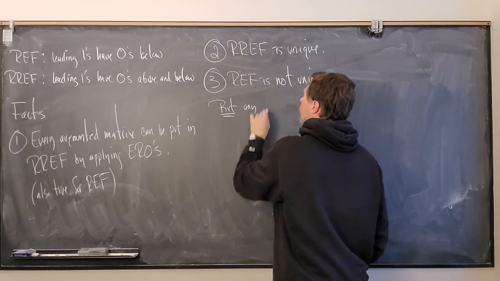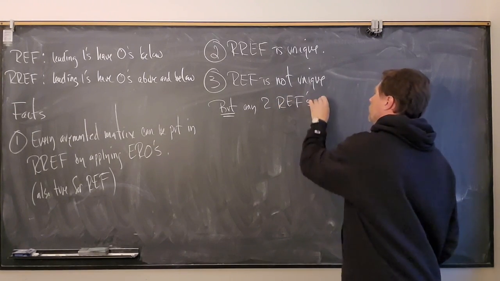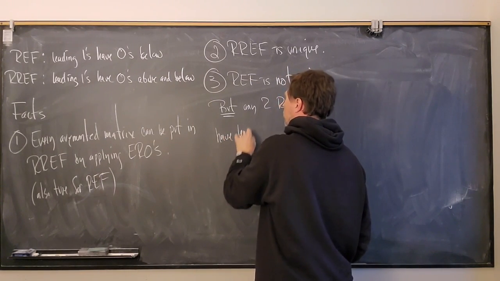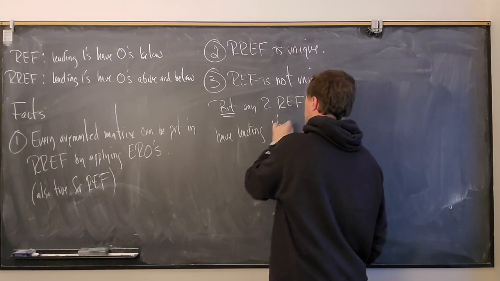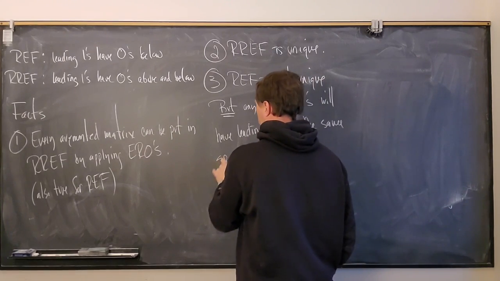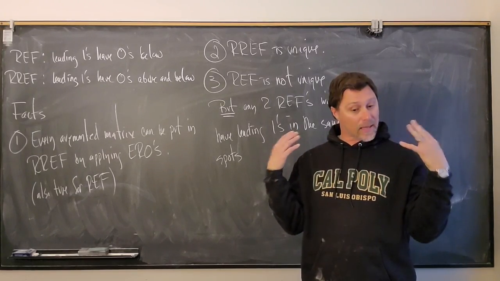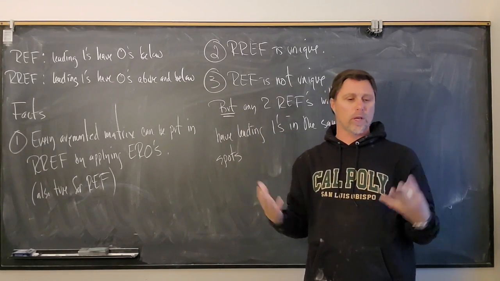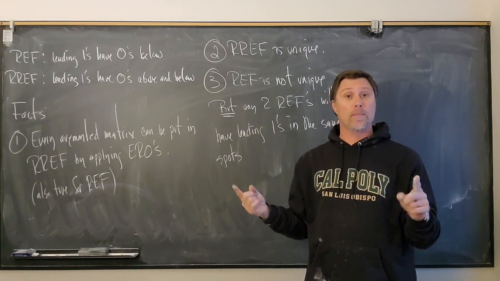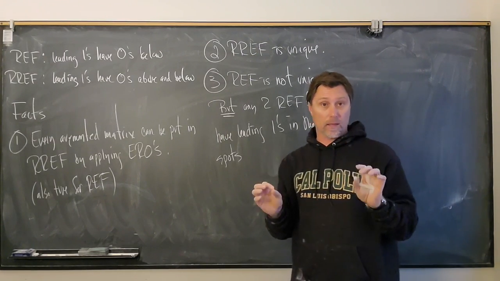any two row echelon forms will have leading ones in the same spots. What I mean here is, if two people are handed the same augmented matrix and told to put it in row echelon form, when the two people are done, the row echelon forms may not be the same, but they will have exactly the same number of leading ones, and they'll be in exactly the same spots.